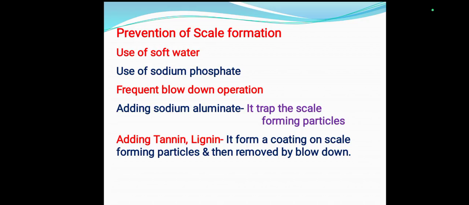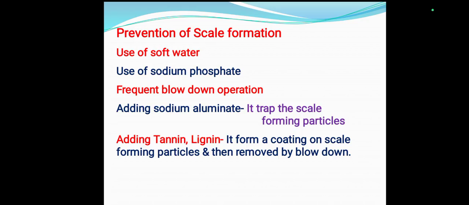So sodium aluminate traps the scale forming material, means sodium aluminate will not allow the chemical components to produce the scale. So sodium aluminate traps the scale forming particles. And the last one, you can add organic chemicals like tannin, lignin. So tannin, lignin form a coating on scale forming particles.